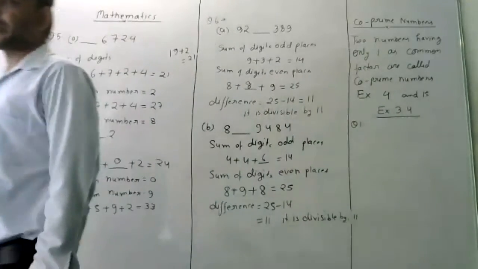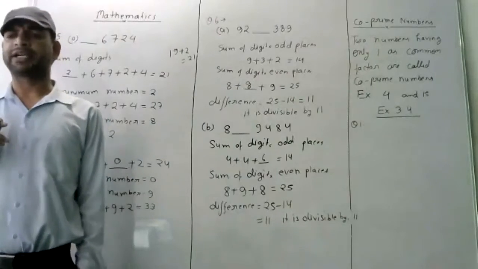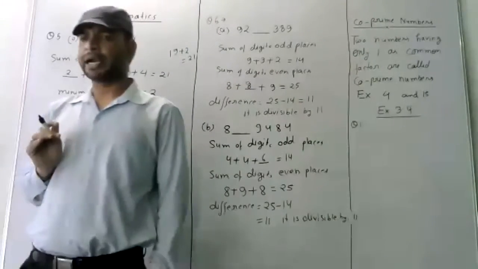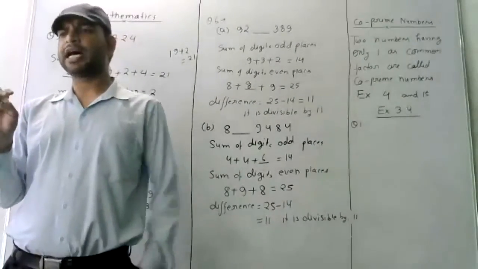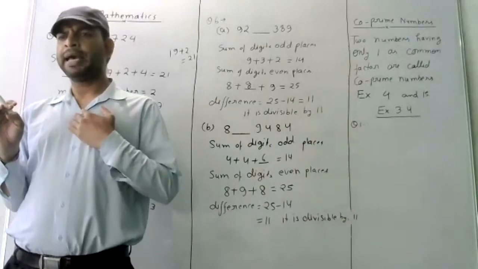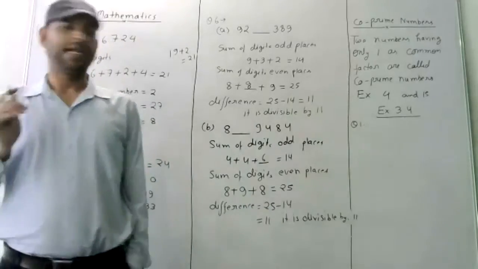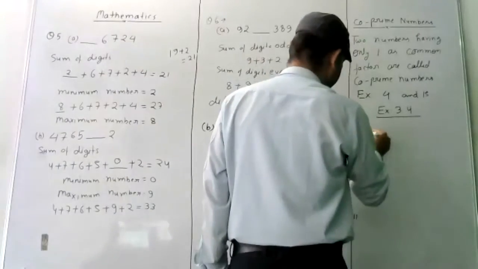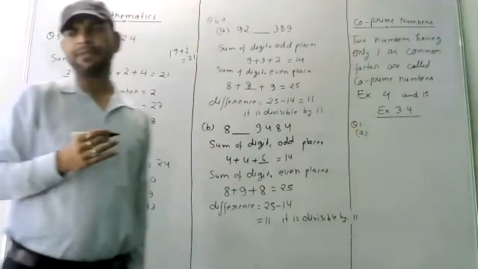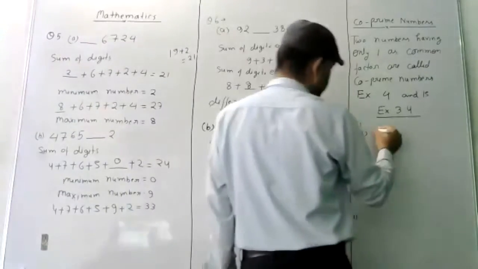This question is very important. Find the common factors. In this question there are 4 parts. I will solve only 2 parts, and 2 parts will be your homework. Now the first part A: 20 and 28.